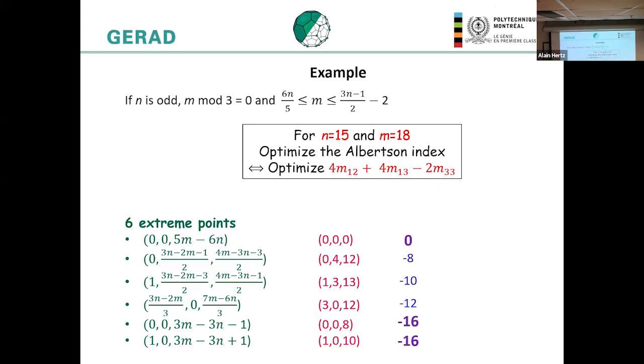Second, 4 times 0 plus 4 times 4 minus 2 times 12, which is minus 8. So it's very easy to compute. Maximum 0, minimum minus 16. Finished. Instead of having 20 pages of computations, you have many papers in journals. They try to find the best molecule. I say, it's only one of these 6.